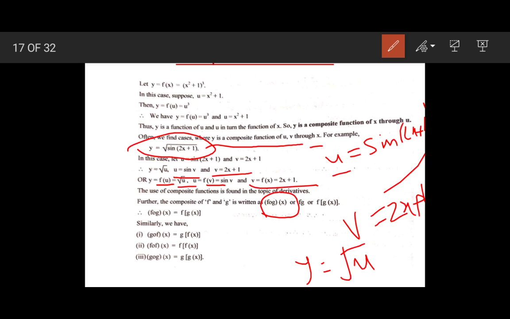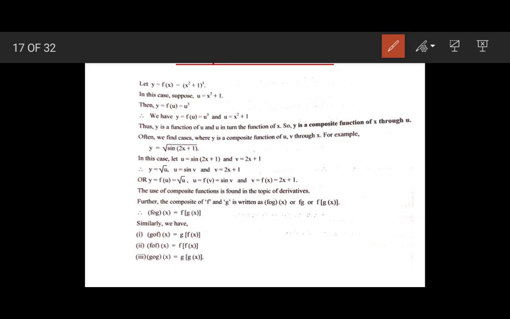So it can be written as f∘g(x) or f g of x. Then similarly g∘f(x) can be written as g f of x, f∘f(x) can be written as f f of x, g∘g(x) can be written as g g of x. So the functions can be written like this.